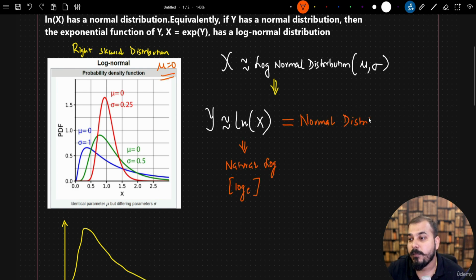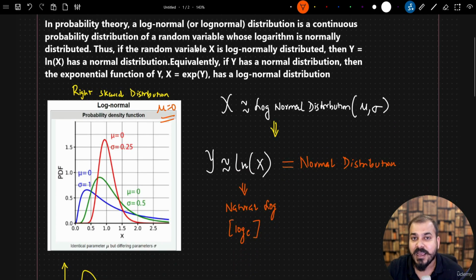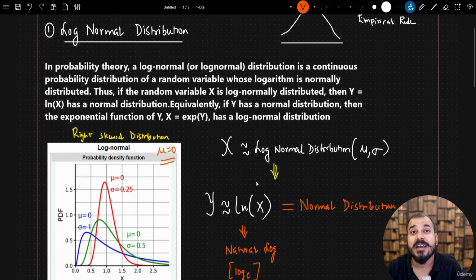That is what this specific sentence says: if the random variable x is log normally distributed, then y is equal to log of x, which is the natural log of x, has a normal distribution. And that is what the entire log normal distribution talks about.